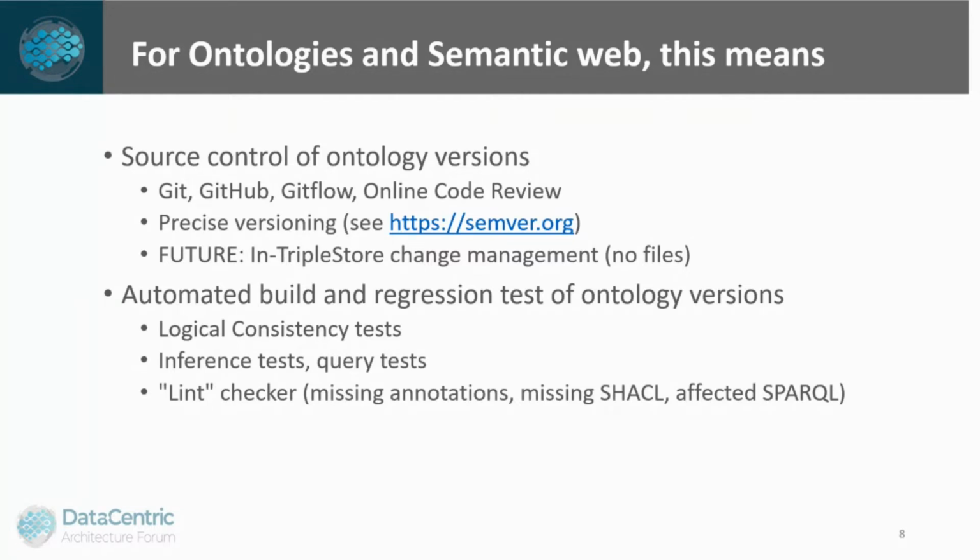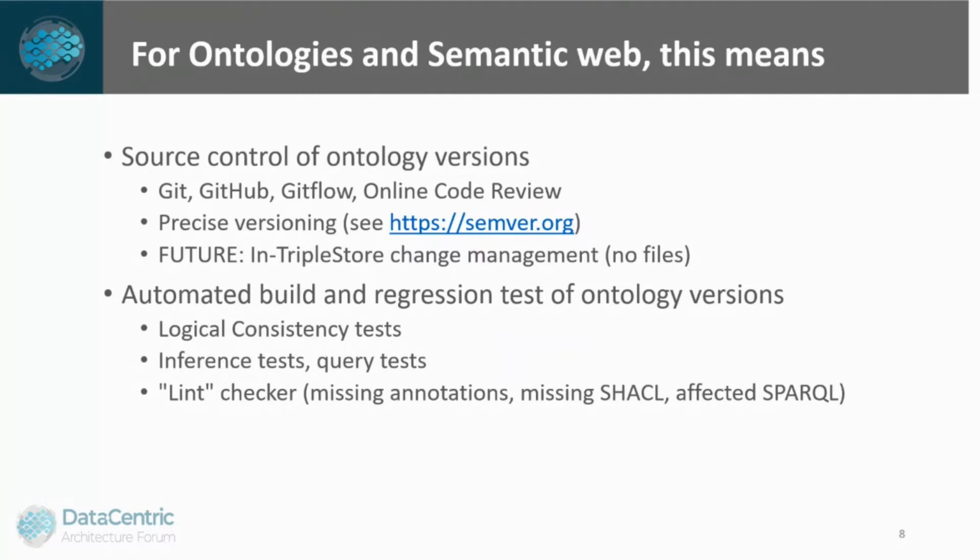So the SHACL shapes would say, here's the way the graph should be shaped. If you've got concepts that don't have anything constraining how they're shaped, you may decide as an organization you would like to check and make sure you have SHACL for all of your classes, for example. A lint checker might also be able to check for affected SPARQL.